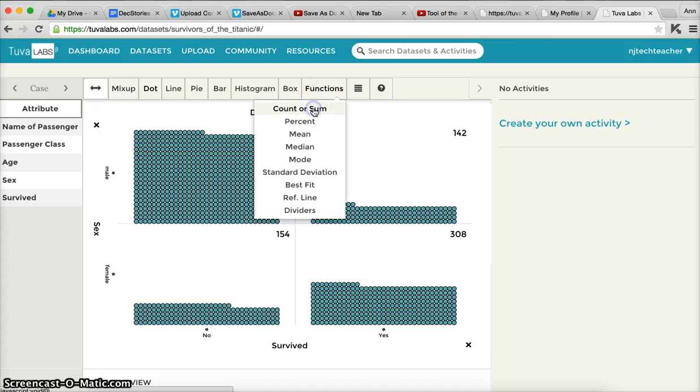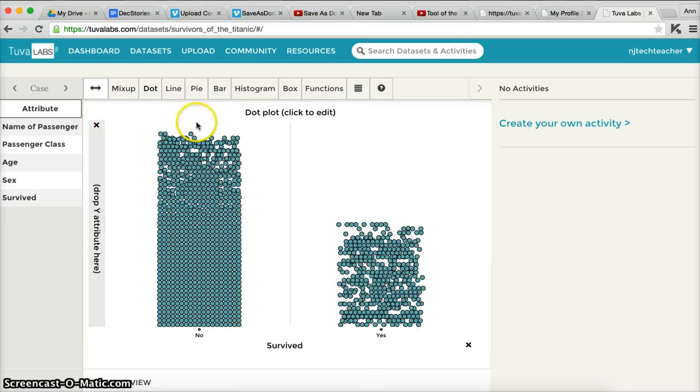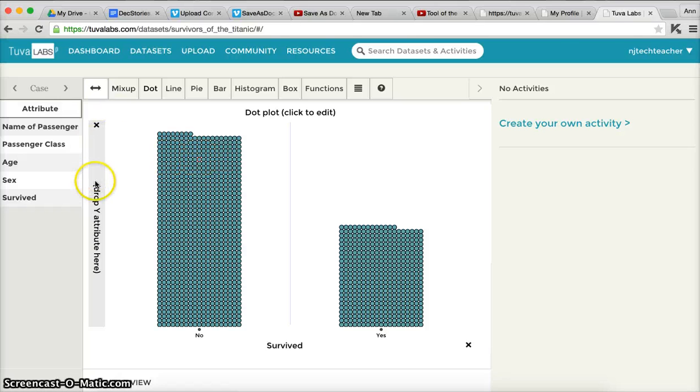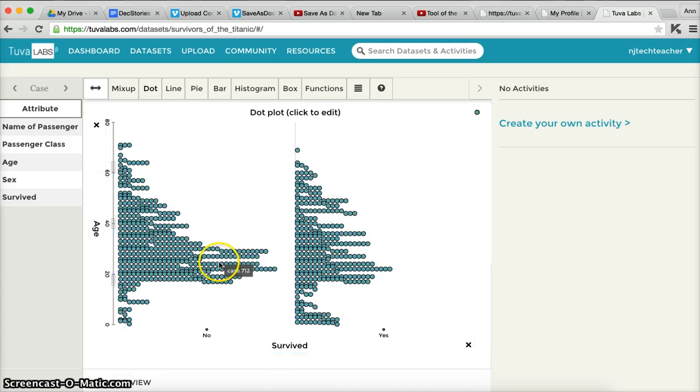And I can take that count away. I can get rid of the male or female on the side there. And then I can take a look at how did it look by age. So now we've got did not survive versus survive by age.